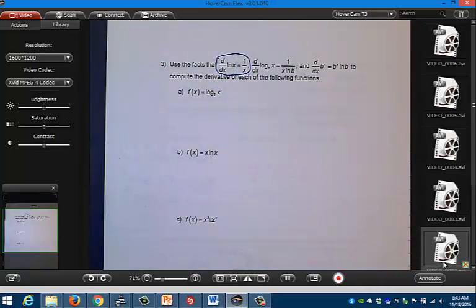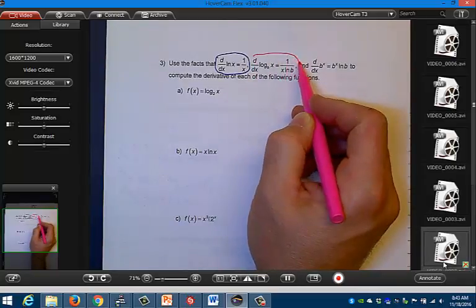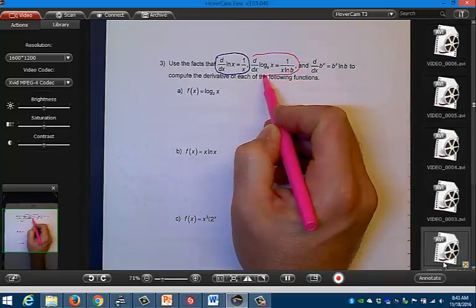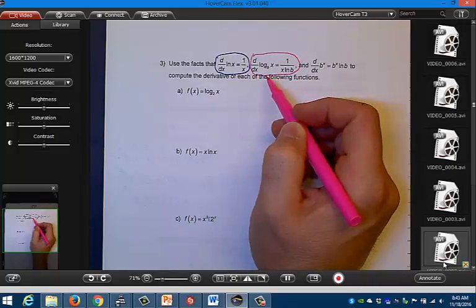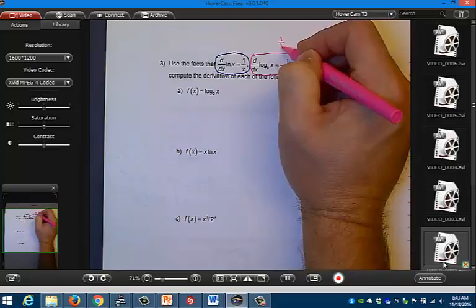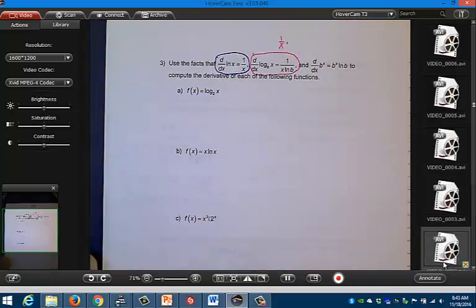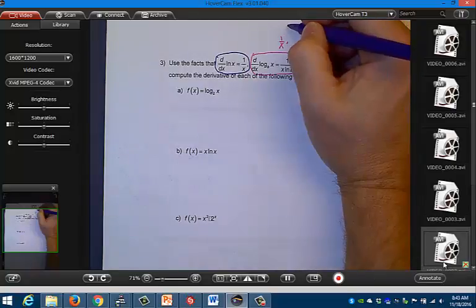That's not new. But what is new in today's section is this formula. The derivative of the log base b. Really what it is, it's 1 over x times what I like to call the fudge factor.